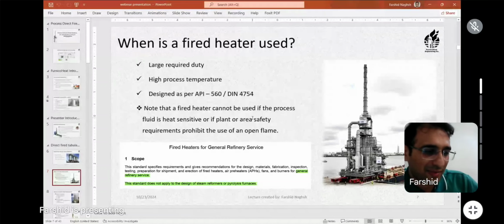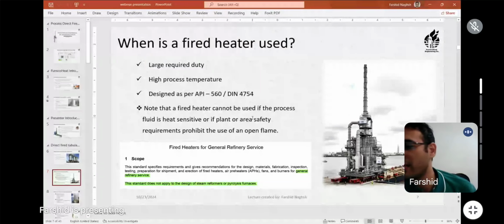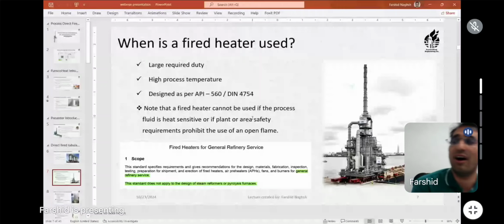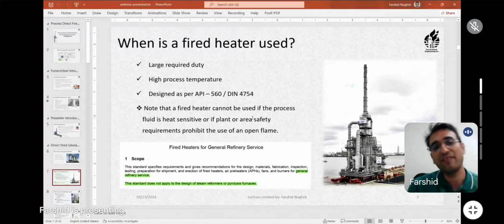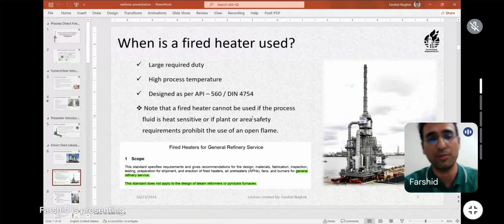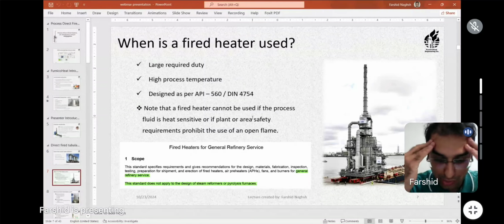In shell and tube heat exchangers, you have to have a high area of heat transfer to transfer that amount of heat which is needed for, for example, our hydrocarbon stream. And we need, for example, a lot of utility steam, high pressure steam, to make that heat transfer possible.